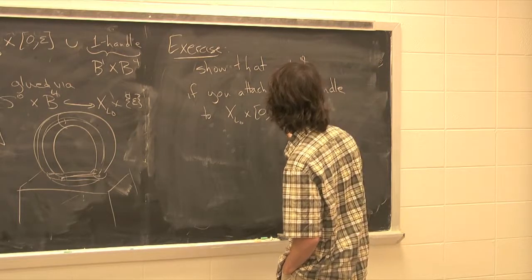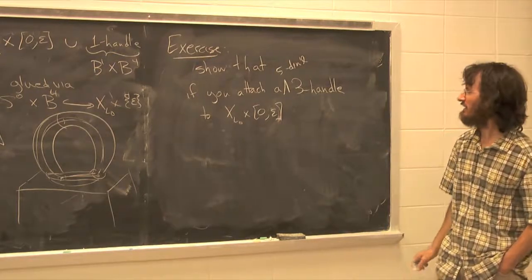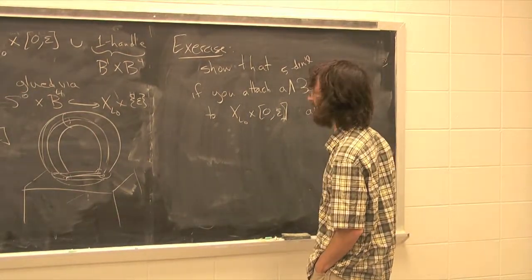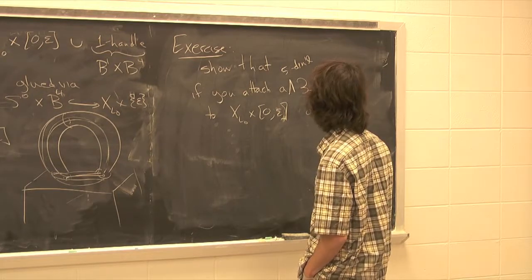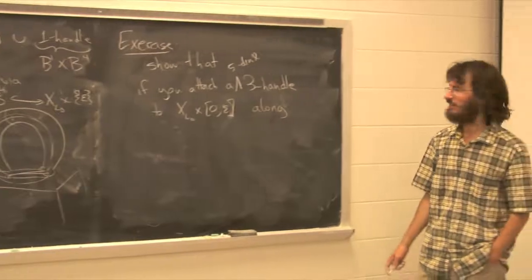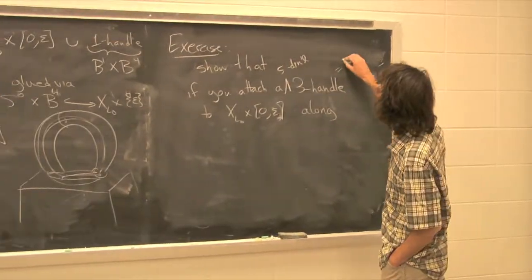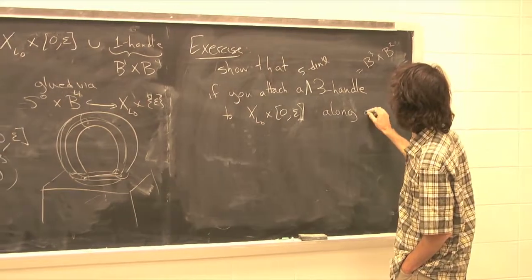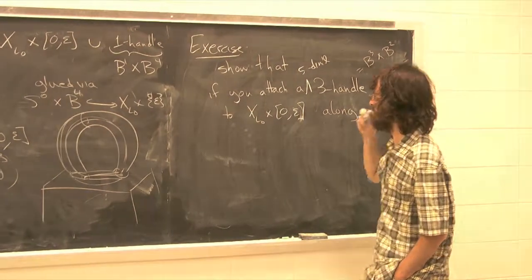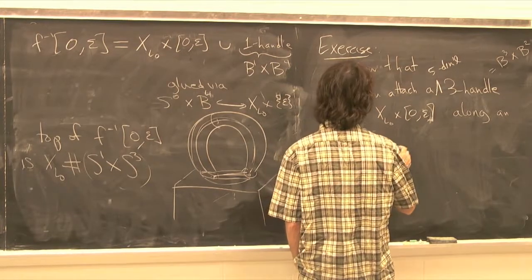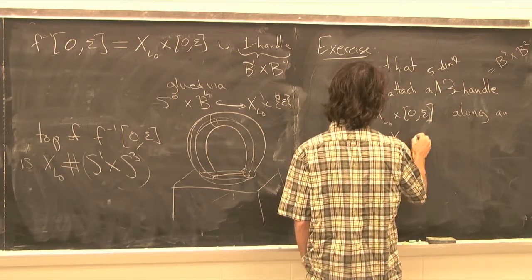Well, I have to be careful now about what I want to attach it along. The 3 handle should be attached along an S2. Okay? So a 3 handle means B3 cross B2, and you attach it along an S2 in XL0 cross epsilon.